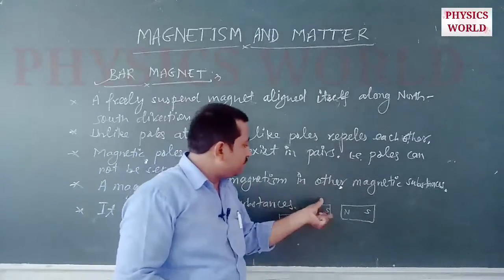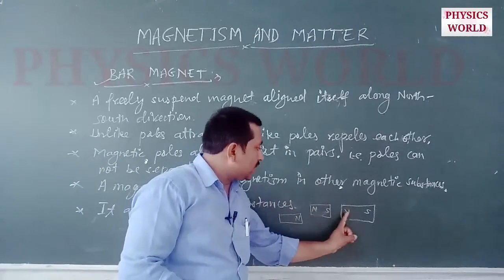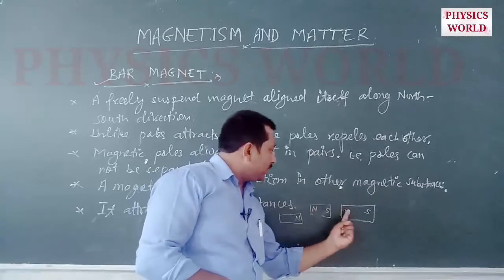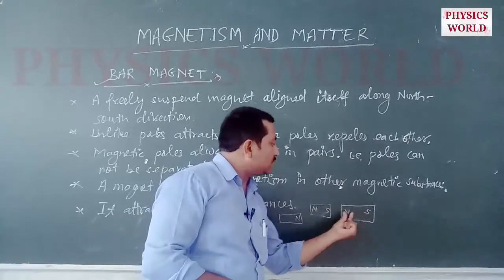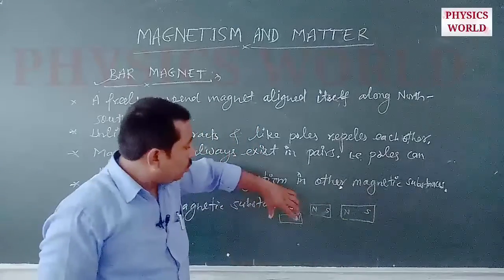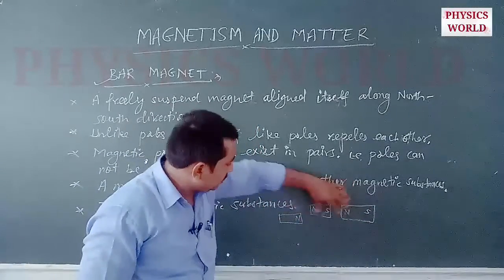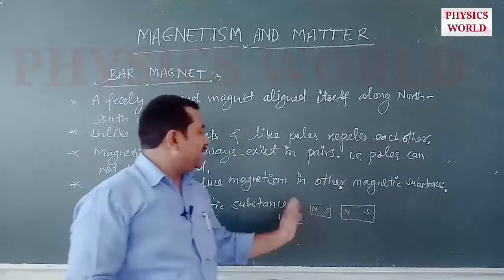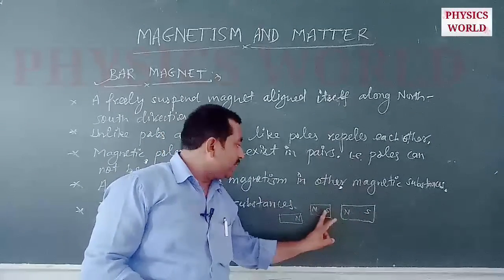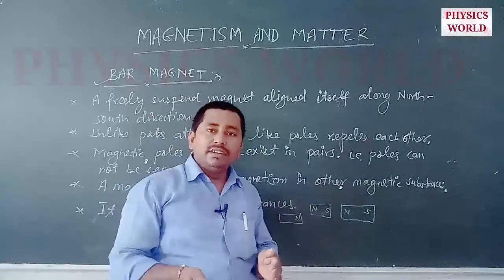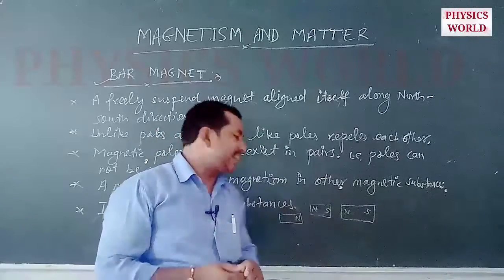It means if one end is placed towards the north, it will attract it, and if the second end is placed towards the north, it will also be attracted. But when such a substance is placed between two magnets, if it is attracted by one, it is repelled by the other. So repulsion provides the sure test of magnetization.